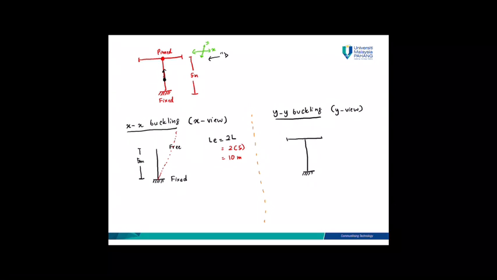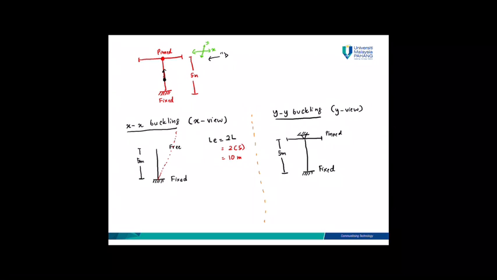And you know that for brace it is pin connected. So here you will have a pin fixed connection, and the length is the same as the original length, 5 meter.